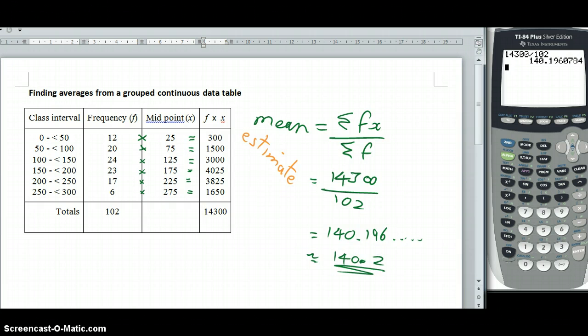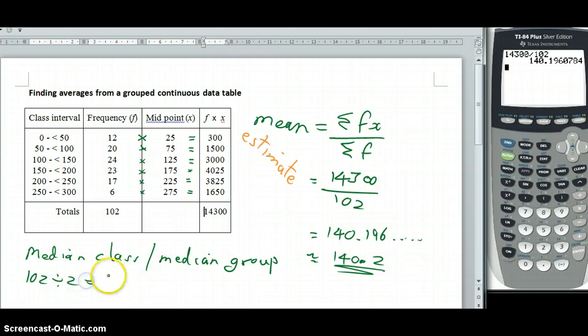Okay, the median goes the same way, except now you're going to have the median class, or that could be called the median group, depending on which text you use. Okay, we've got 102 people. We divide that by 2, which gives us 51. So this implies we're looking for the 51st and 52nd person in the list.